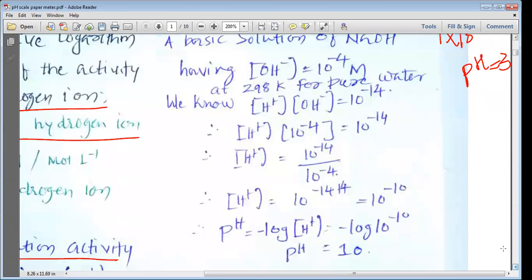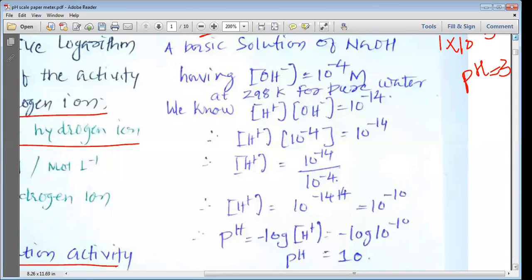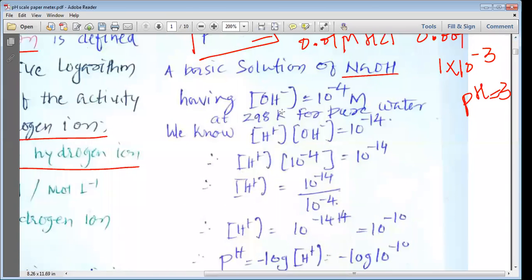Let us understand this. Now, if we have a basic solution of NaOH having the OH minus concentration 10 to the power minus 4 mole per liter, that means the basic ion concentration is 0.0001 mole per liter, which is represented as 10 to the power minus 4, my dear students. Now we are well aware that the concentration of H plus into the concentration of OH minus is equal to 10 to the power minus 14.